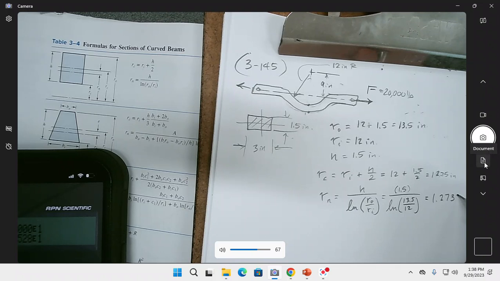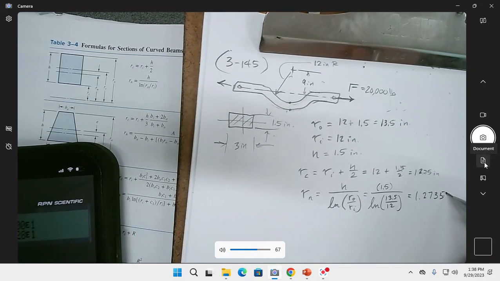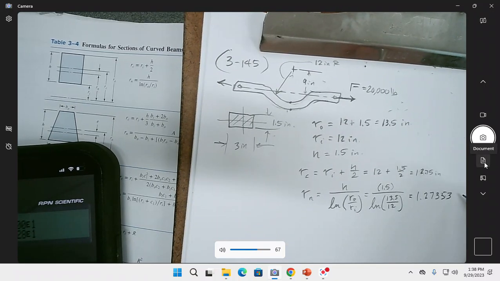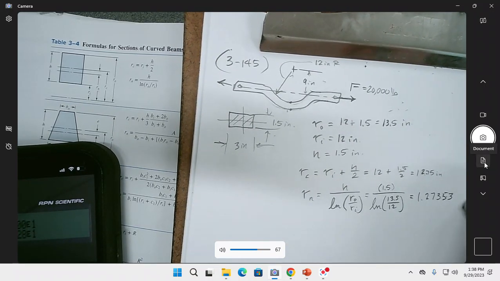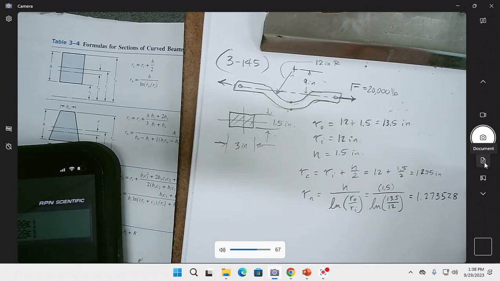How many more sig figs do I want? 5, 3. Yeah, you get another sig fig. You can't have too many at this stage because we're about to subtract something.